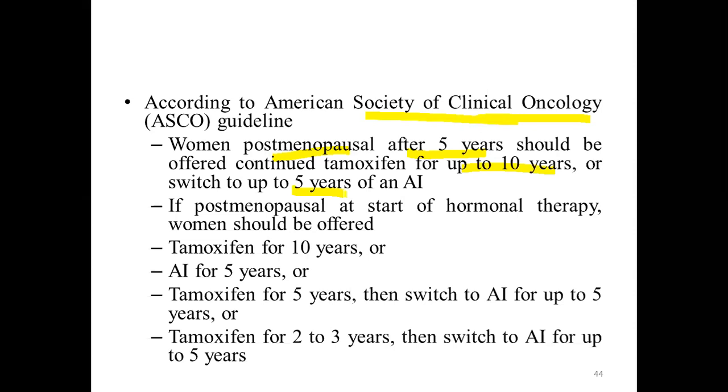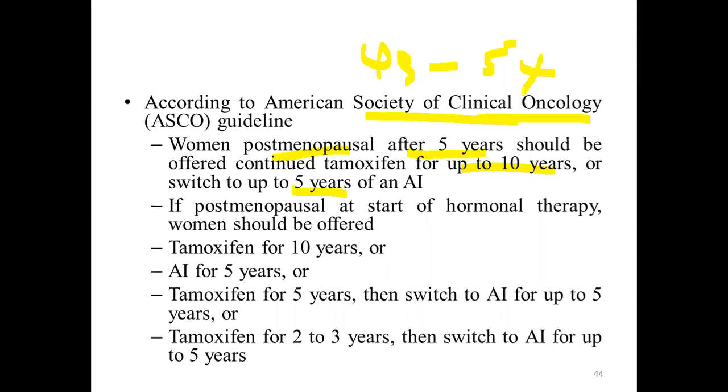So let's say the mother is at the age of 49, and she undergoes menopause after 5 years, at the age of 54. At the time of the treatment, she is premenopausal, so you start with tamoxifen, but the moment the patient becomes postmenopausal, that is when you consider aromatase enzyme inhibitors.